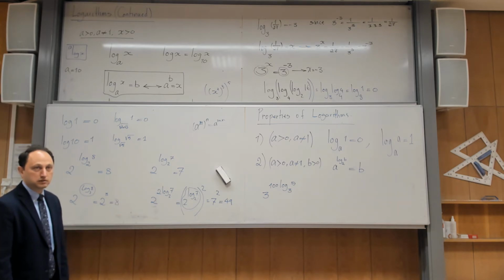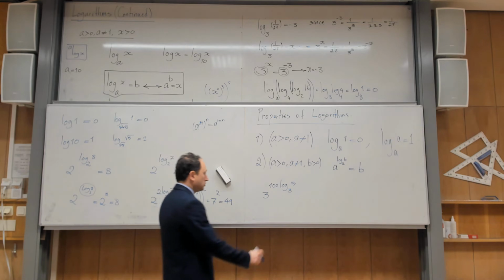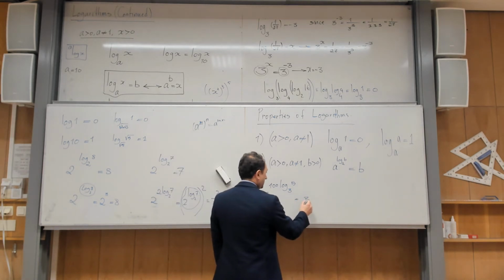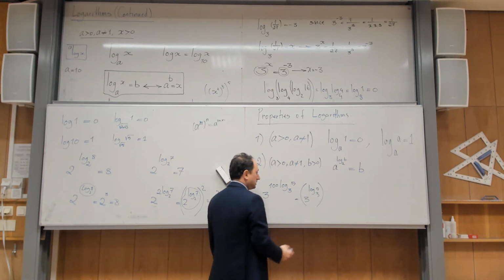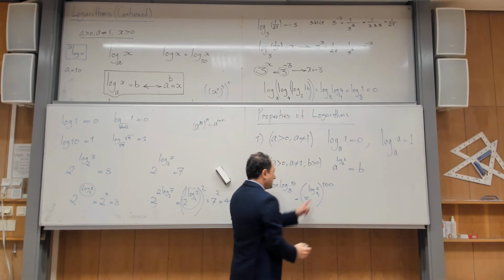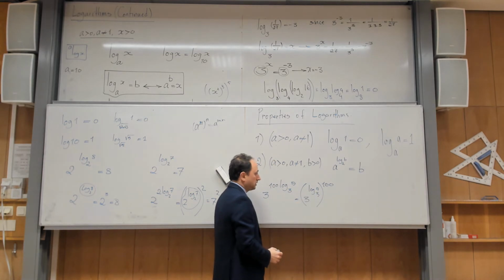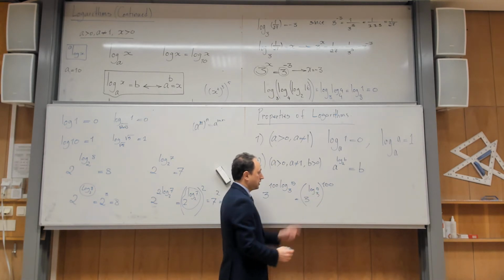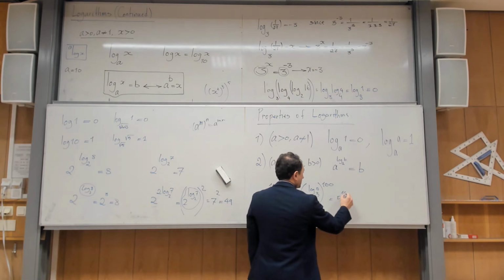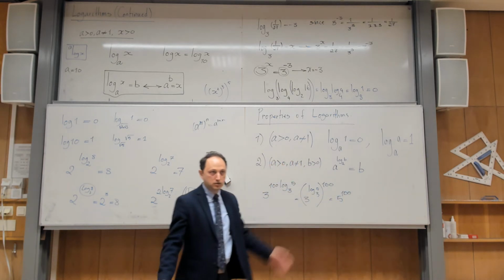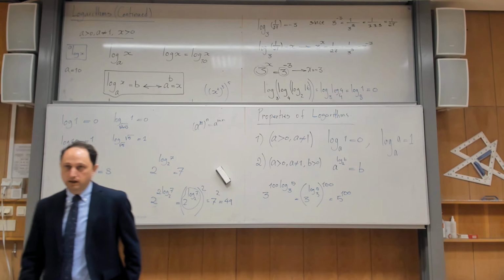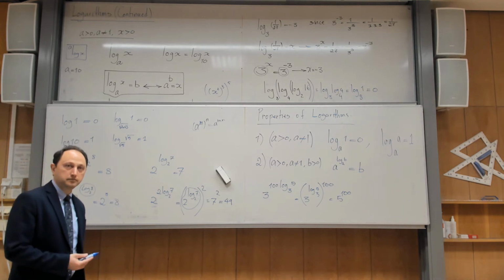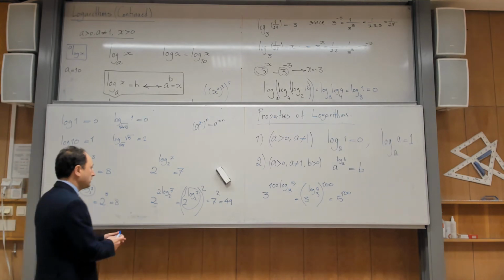Because what do you write? 5 to the power of 100. So you write it as 3 to the power of log of 5 in base 3, and the whole expression to the power 100. But what is the answer to this part? 5. So it becomes 5 to the power of 100. But I cannot go further. The answer is 5 to the power of 100. Yes? Is that clear? Yes. Okay. Let me ask you another question.